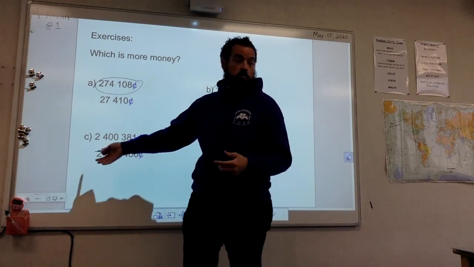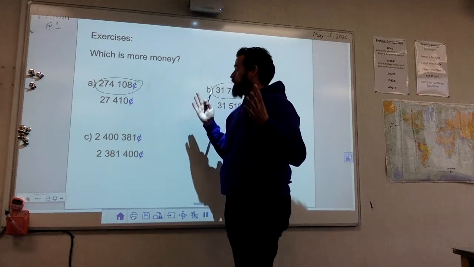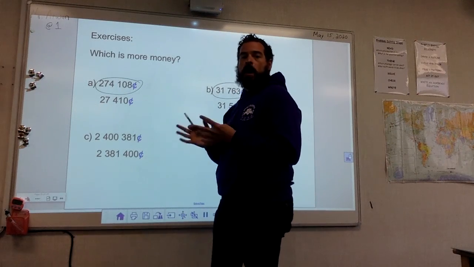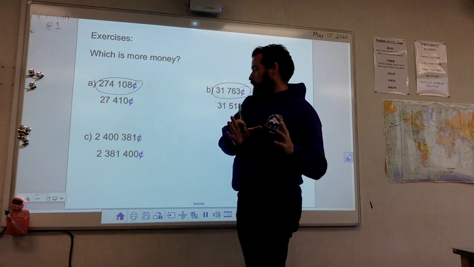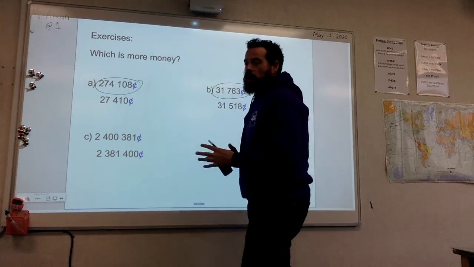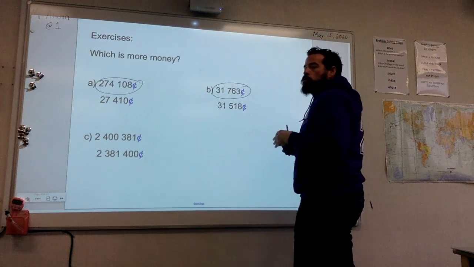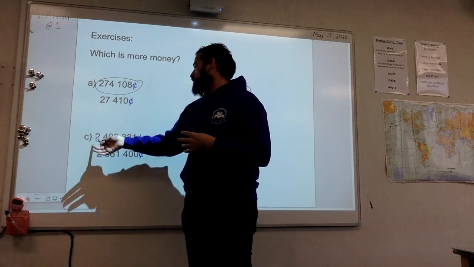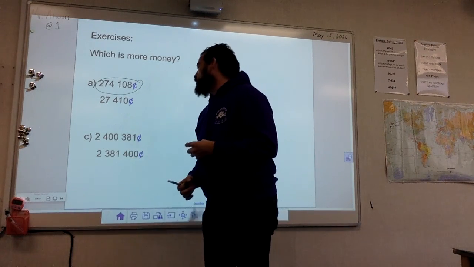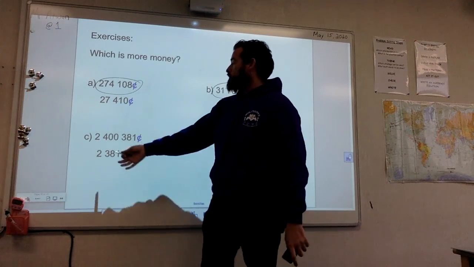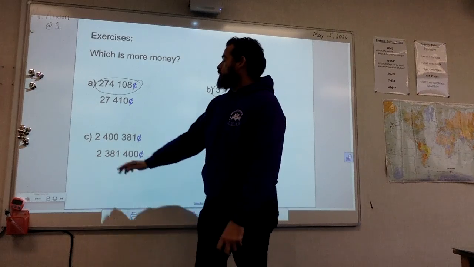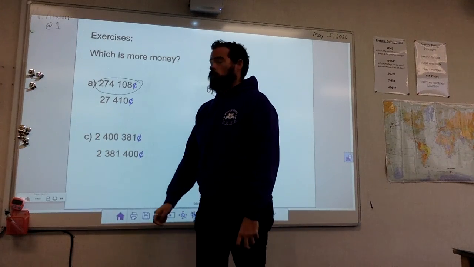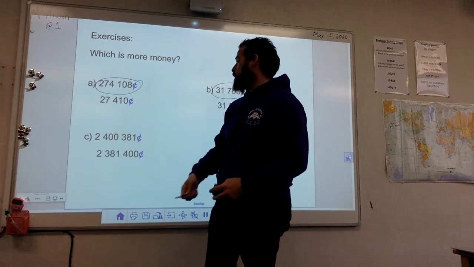And same thing here, big number, but it's the same principle. No matter how big the number is, if they're the same number of digits, you line it up, and then you start comparing digits to see where you come up with a difference. So we've got 2,400,381 cents versus 2,381,400 cents. So we look at our millions place, a 2 in both of them. That doesn't help us.